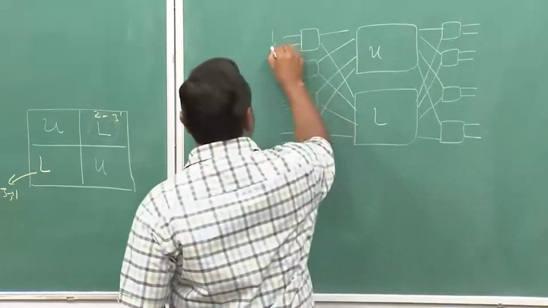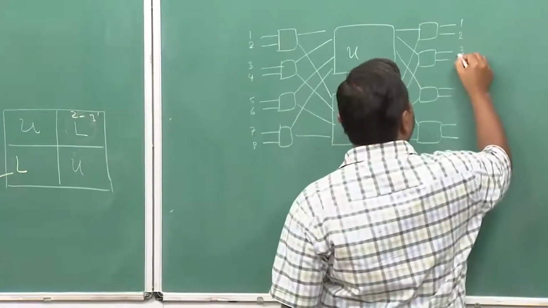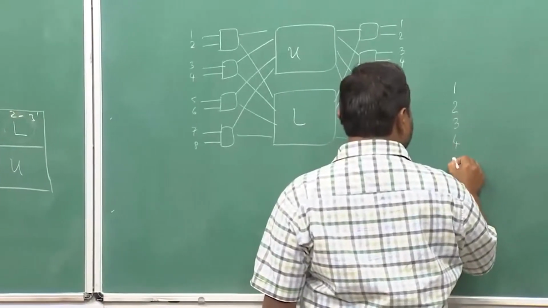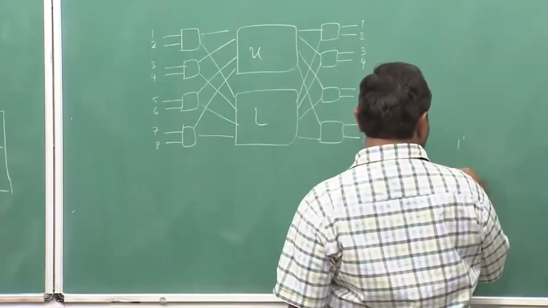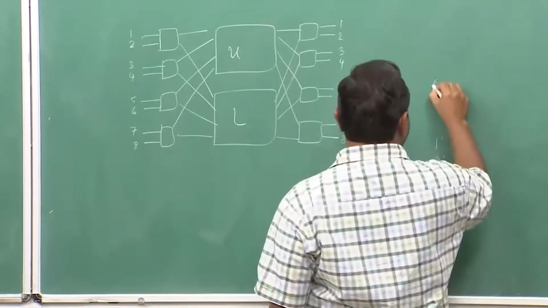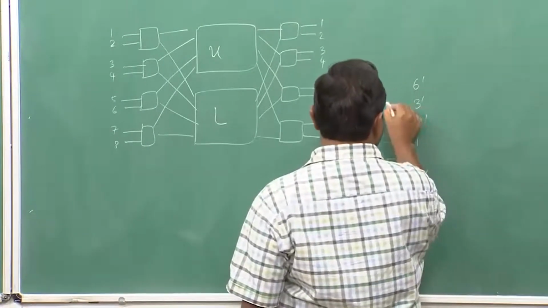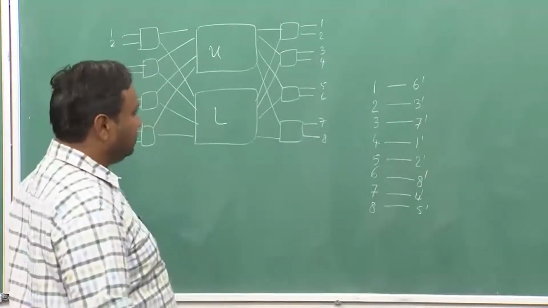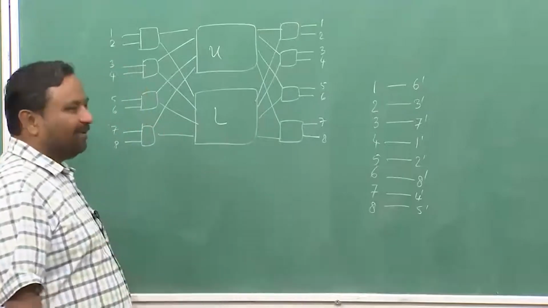So let me put up the numbers. I will put something arbitrary. Let us set up a connection and see what happens. I have to do it in an arbitrary fashion. Normally if you do it in sequence, you will end up in a non-blocking system, you will not get a blocking state.